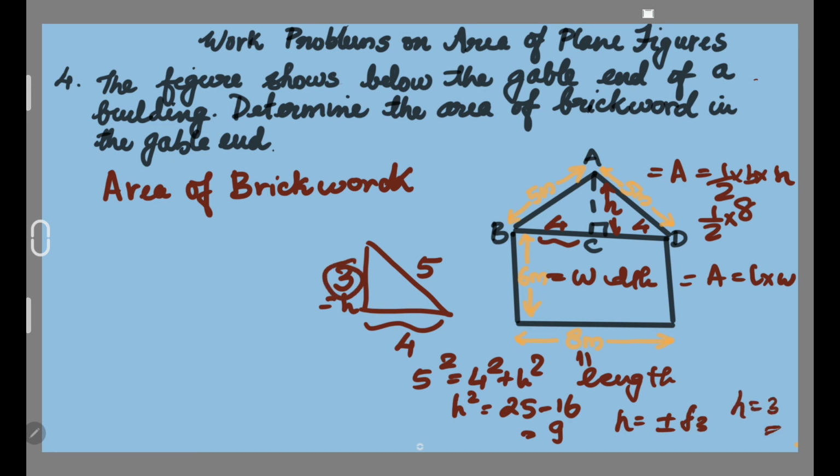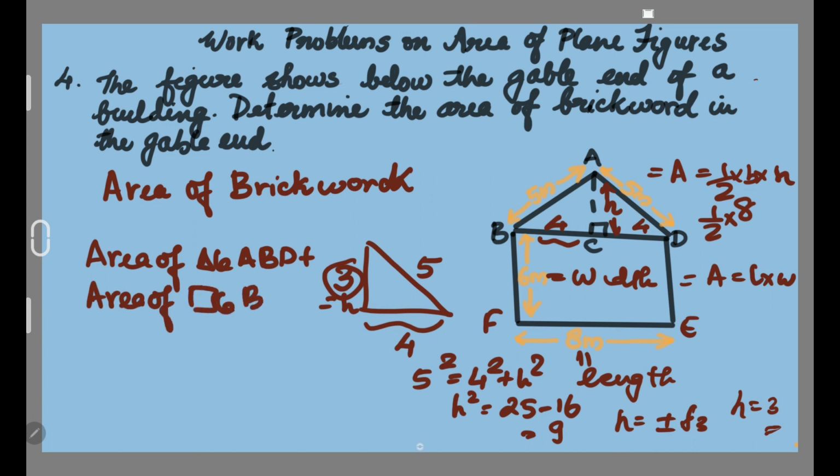So now you have the height too. Let's call this triangle ABD. So area of triangle ABD, and let's mark the rectangle BDEF here, plus area of rectangle BDEF will give you the area of the brickwork needed. Now we have all the parameters for our problem. Half into base, base is 8, into height is 3, right?